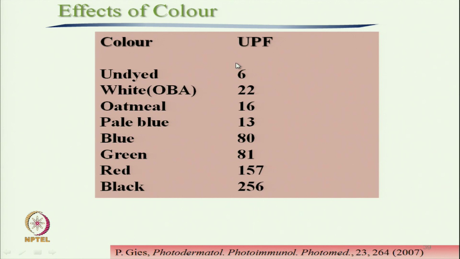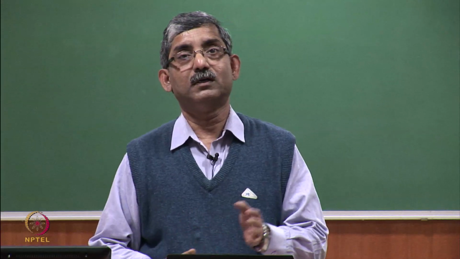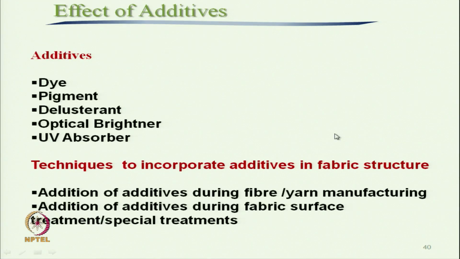So, for higher UPF, we have to use the darker color. Then the effect of some additives: dye, chemicals, pigments, delustrant, optical brightener, UV absorber. The application of these additives will increase the UPF of textile fabric.